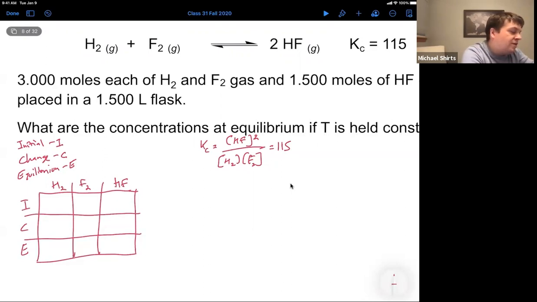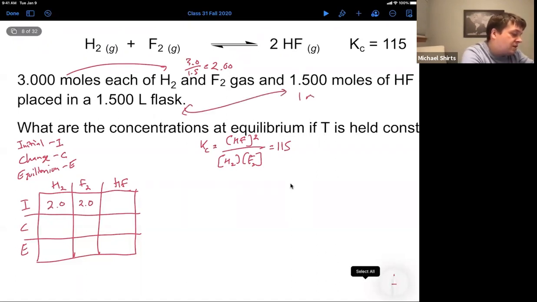The initial concentration of each of H2 and F2 is 3.0 divided by 1.5 equals 2.0. We know they've got 4 significant digits, but we'll write them with fewer and remember that at the end. So the concentration is 2.0 for H2, 2.0 for F2, and the initial concentration of HF is just 1 molar.